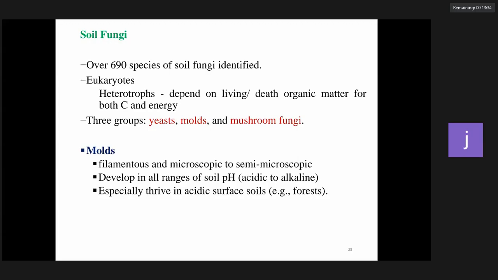There are three groups of fungi: yeast, molds, and mushroom fungi. Now we will see about them one by one separately. First, molds. They are filamentous and microscopic to semi-microscopic. They develop in all ranges of soil pH, acidic to alkaline, and especially thrive in acidic surface soils, for example in forest.